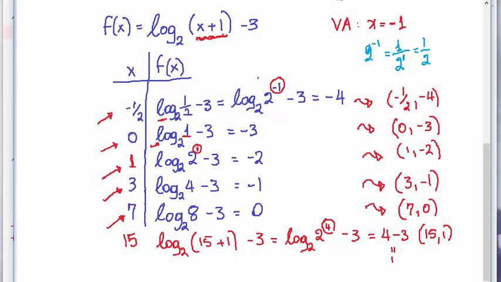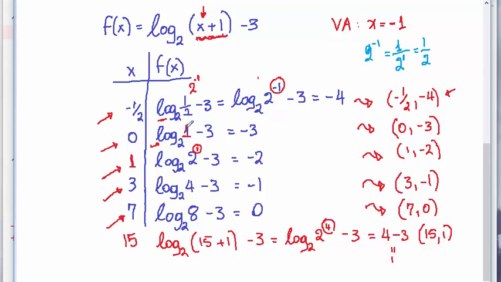So basically what you have here is log of 1/2, that is log of 2 to the negative 1, and since the log is nothing else than the power, the result is negative 1. Negative 1 minus 3 is equal to negative 4, and this will give us the point negative 1/2, comma, negative 4. In the same way, if you enter the number 0 in your logarithm, then you have the log of 1.